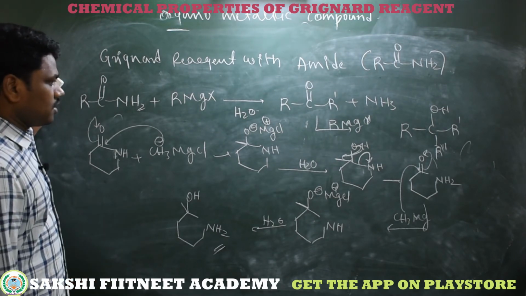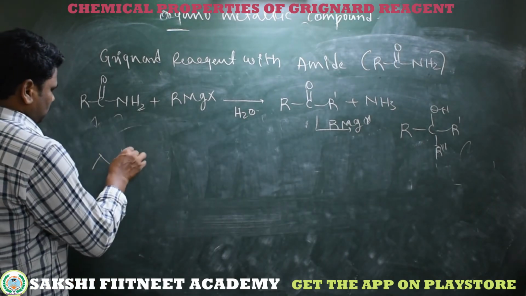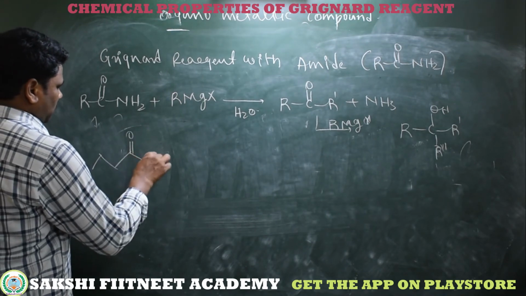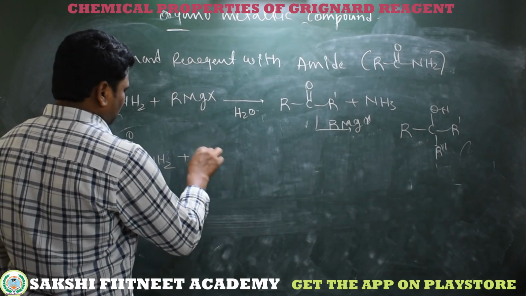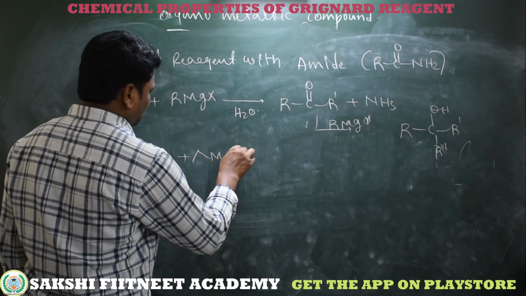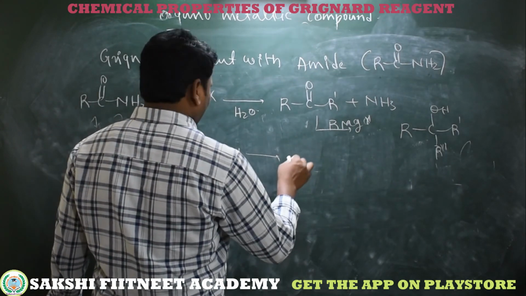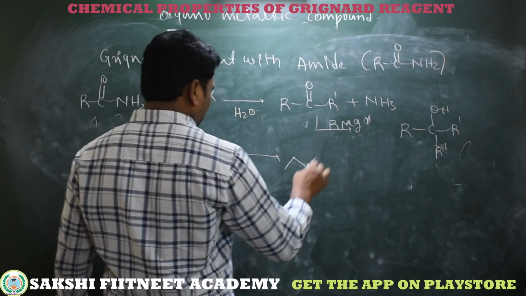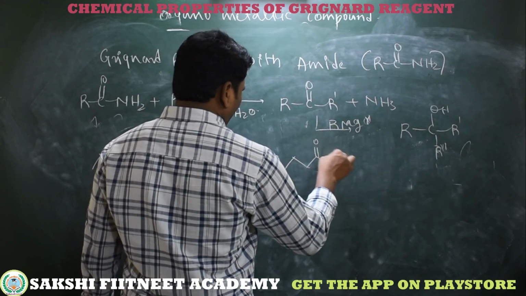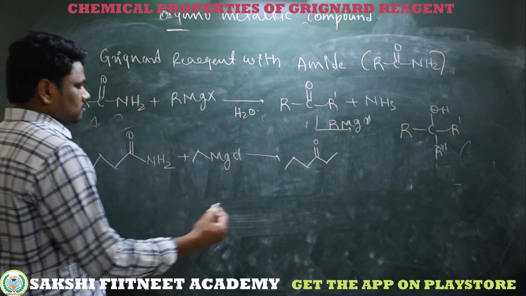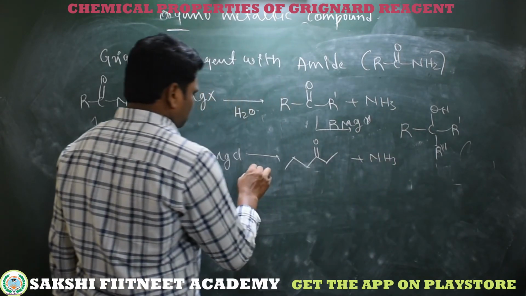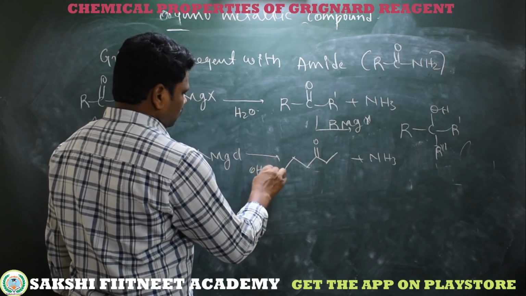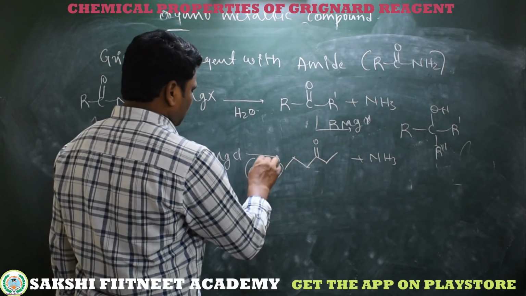So here I am taking another example. Here I am taking an amide with an ethyl Grignard reagent. I am writing the direct product because we already discussed the mechanism. So here we are getting first a ketone. The product is NH3, that is OH, MgCl eliminating here.